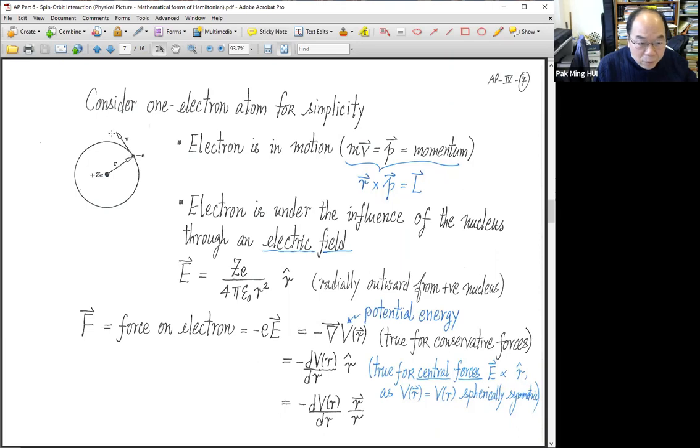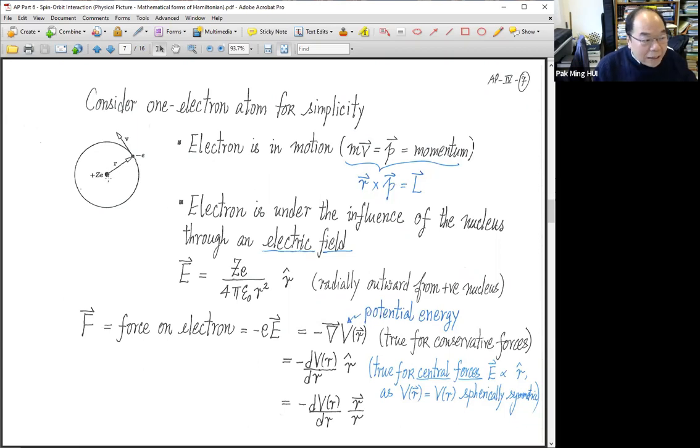The electron is moving with a velocity v. Look at the vector v there, okay? So it has a linear momentum. And then when we have r cross p, pointing, using the right-hand rule, you have an orbital angular momentum.